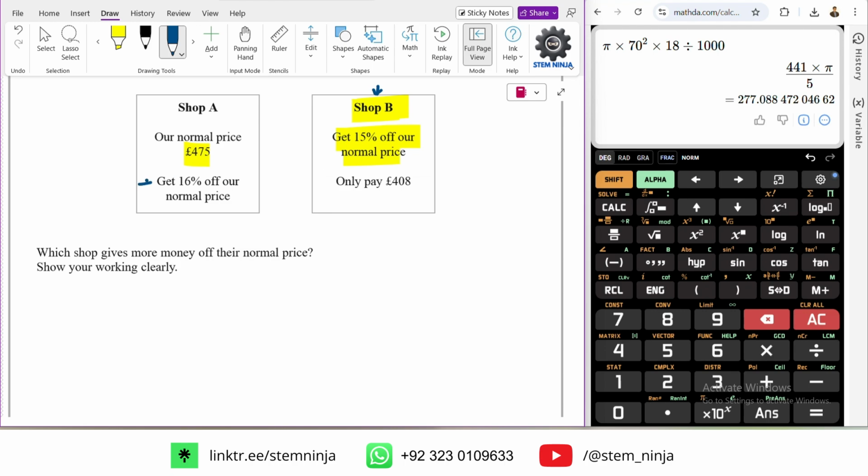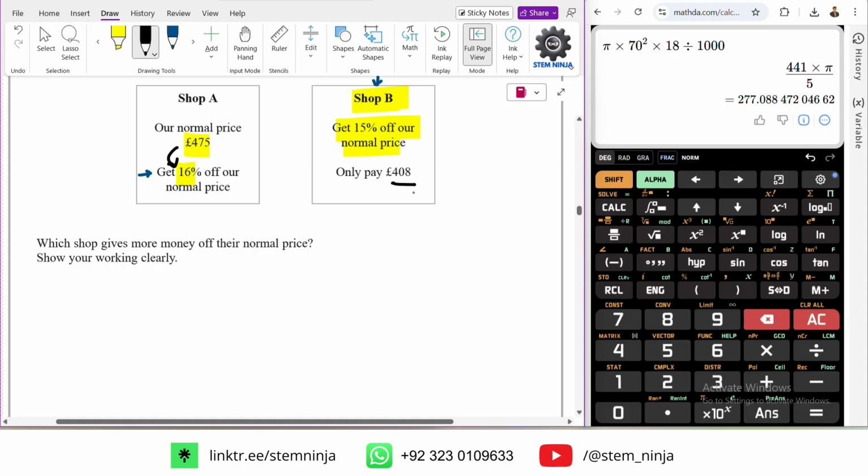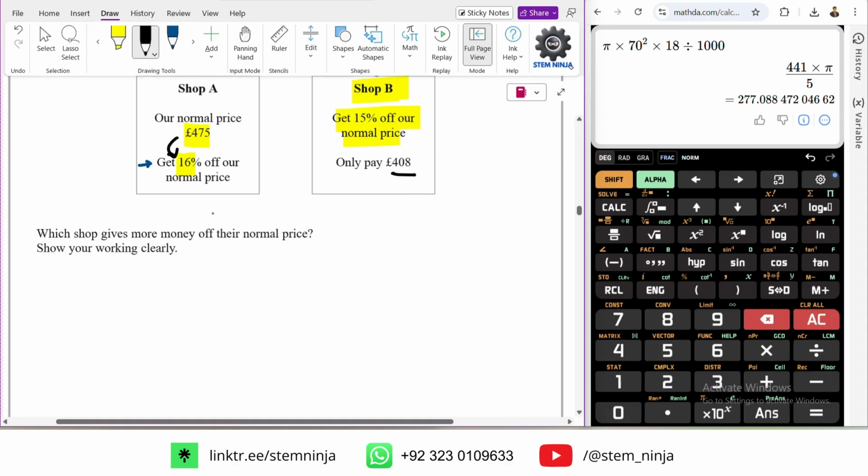Which shop gives more money off their normal price? Basically we need to see the actual discount, not in percentage but the actual amount.